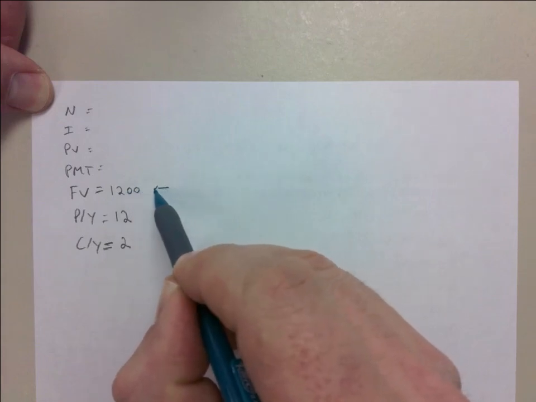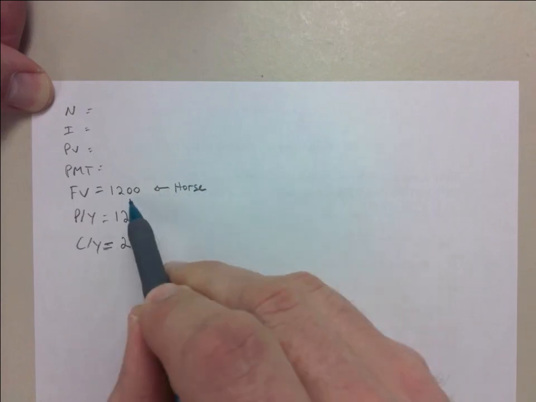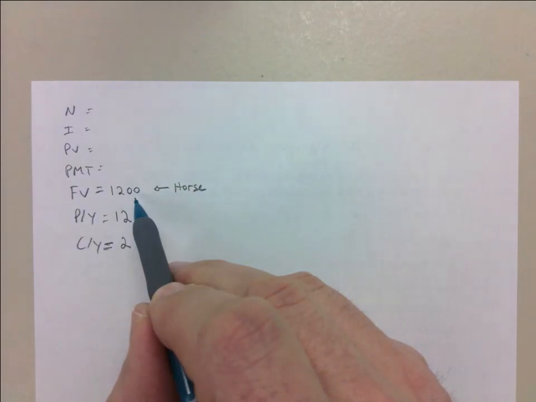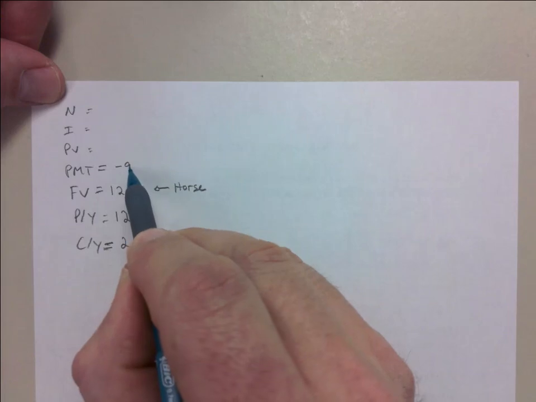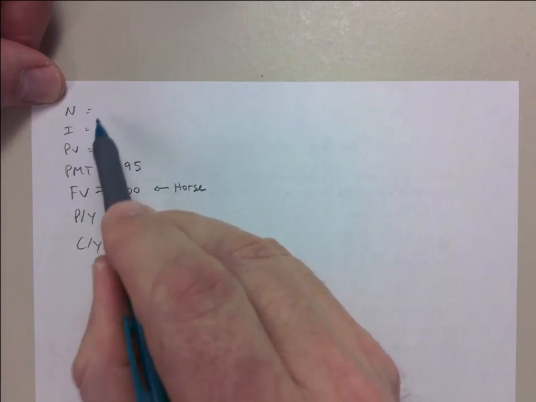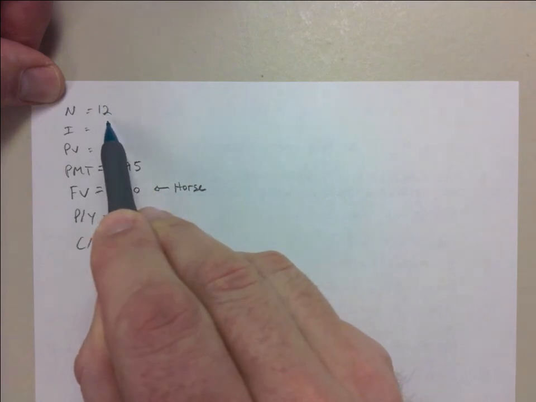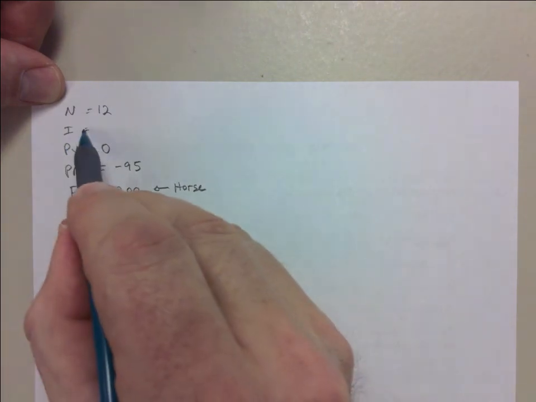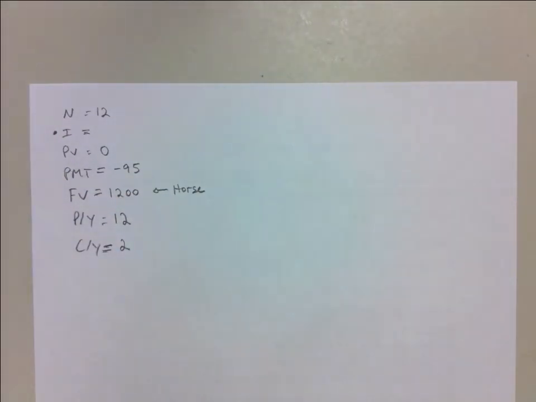The horse price, so if the horse is $1,200, then that's what we want, right? Your payment is still $95 a month. You started with 0. We're still talking about 12 and 12, but now we're wondering, what is the interest rate that I would need to achieve this goal? It needs to be higher than what it is currently.